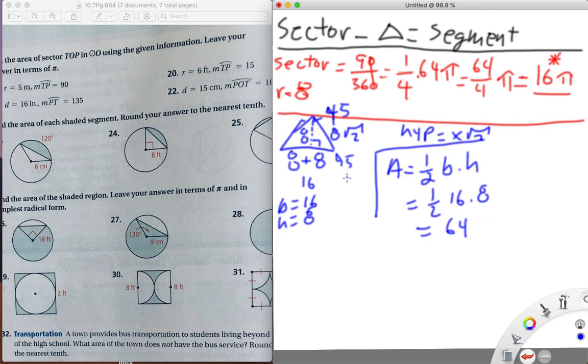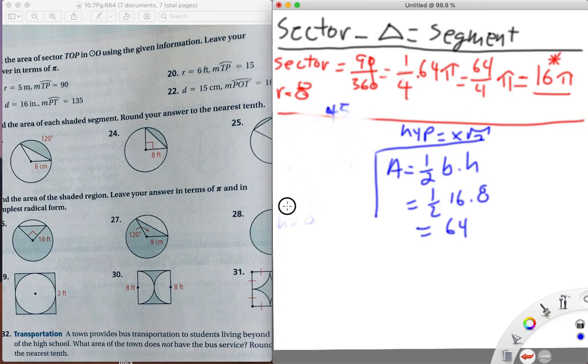Let's see. I cut that in half. Nope. I made a mistake. Redraw. Start over.